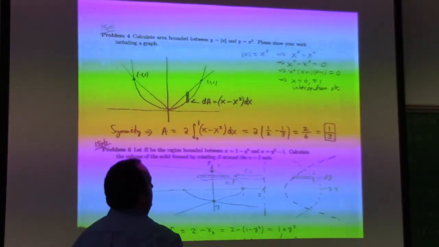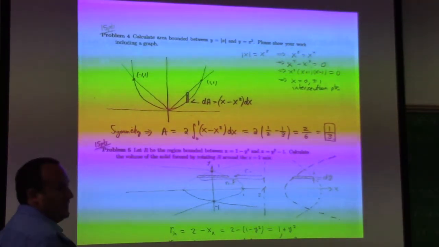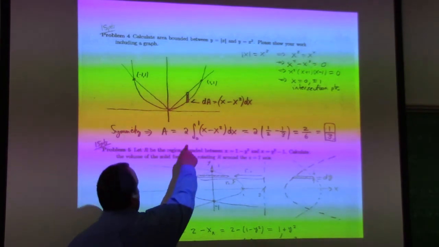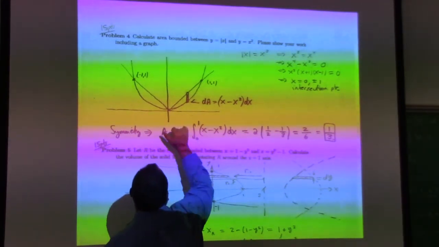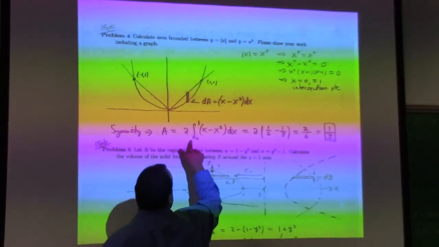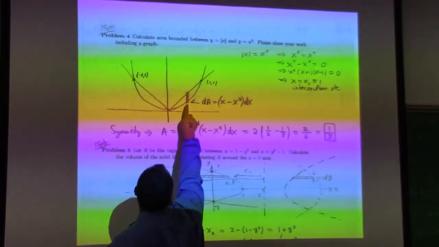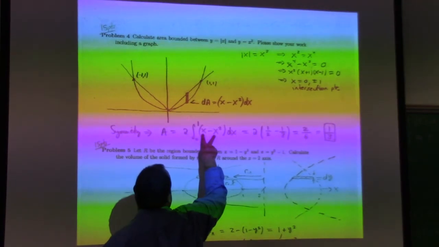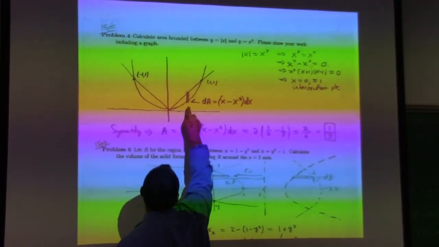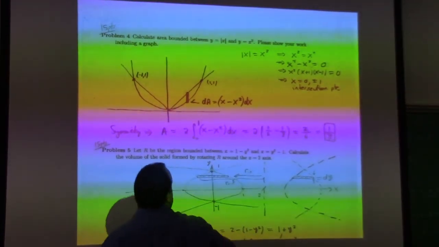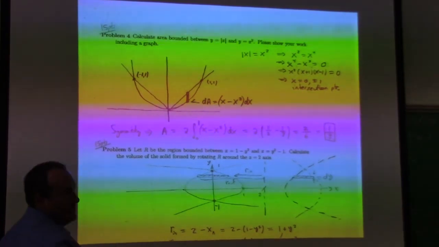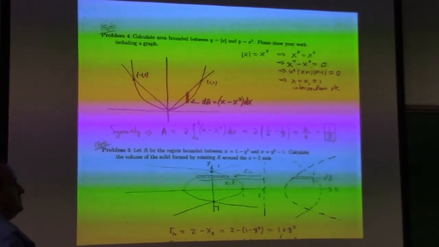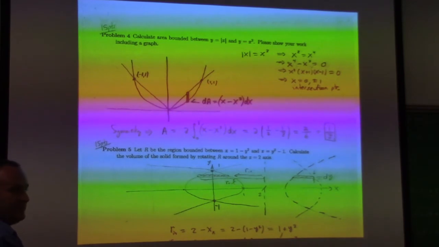By the symmetry of the problem, I can just double this area. On this piece, the top y is x, and the bottom y is x squared. So I have y top minus y bottom times the thickness of the strip, which is dx. That's why I have dA there. The integral from 0 to 1 ends up being 1/3.